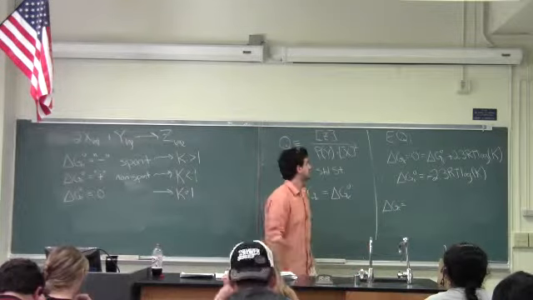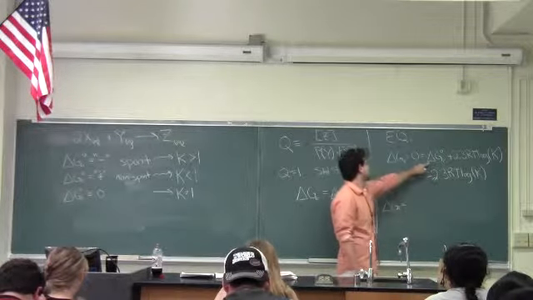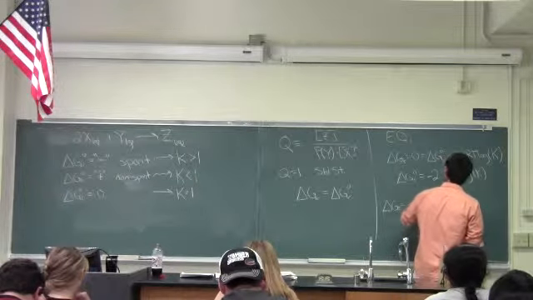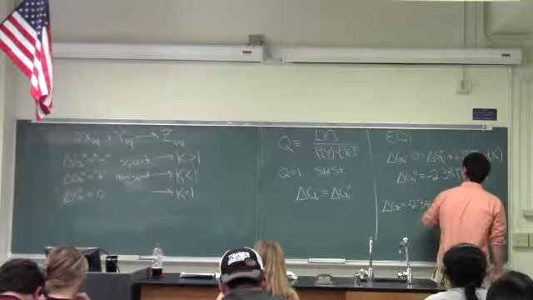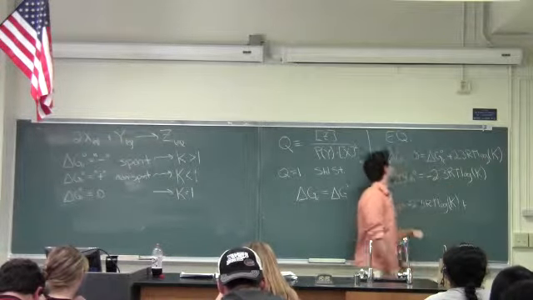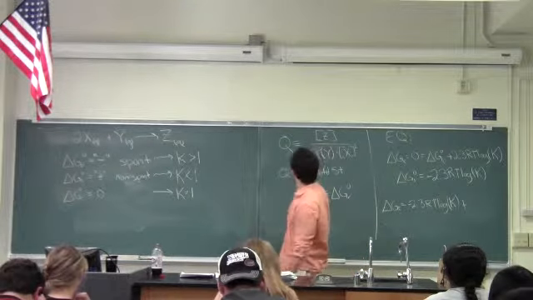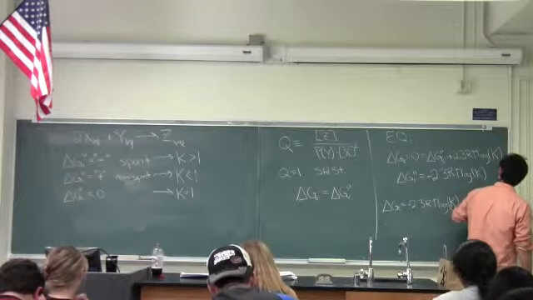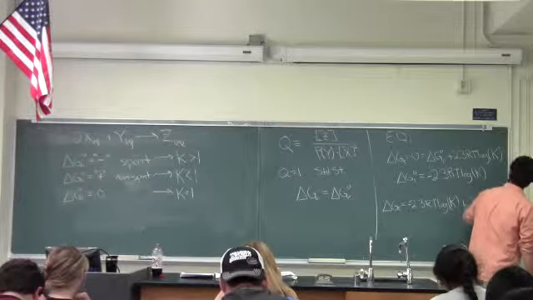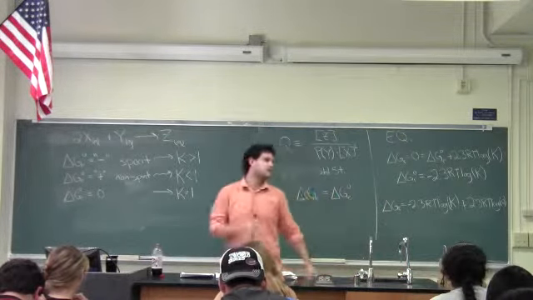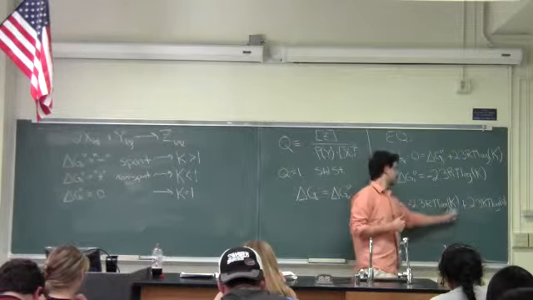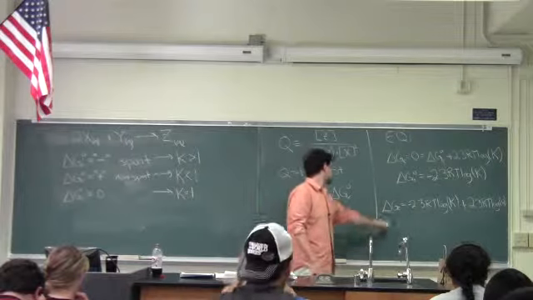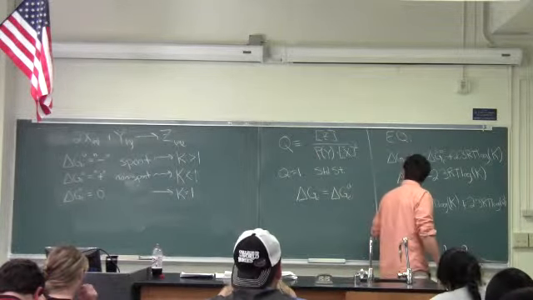Gibbs free energy of any reaction is negative 2.3 RT log K, which is just equal to Gibbs free energy of a reaction in the standard state, plus 2.3 RT log Q. So if I know what equilibrium concentrations are for whatever reaction I'm running, and I know what concentrations I currently have, I can solve this to directly get the Gibbs free energy of a reaction that is not in the standard state.